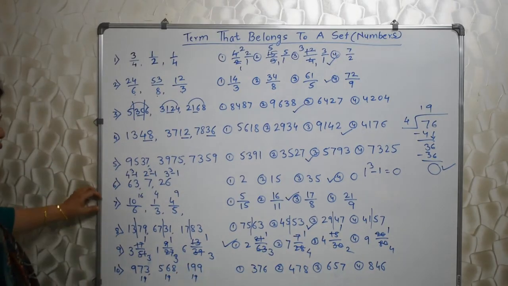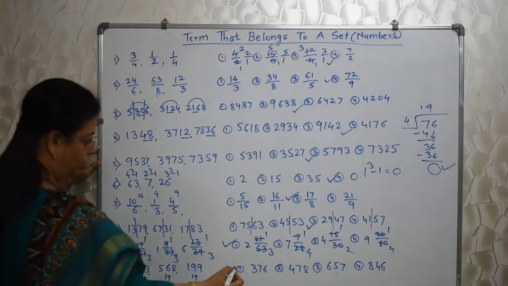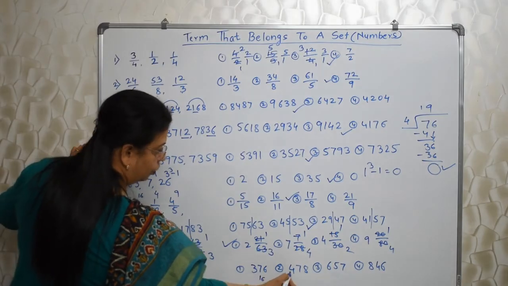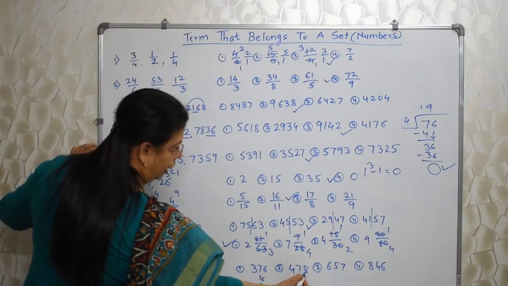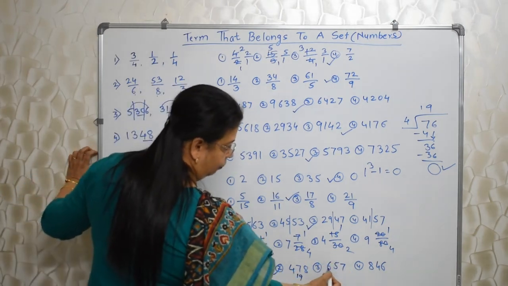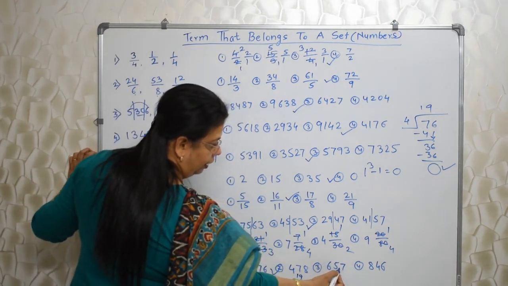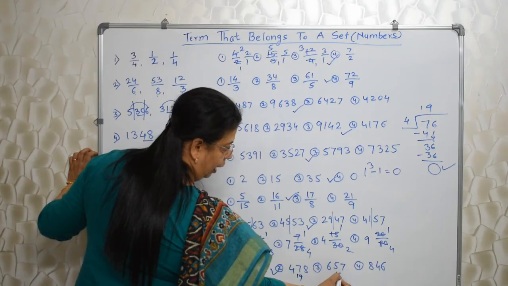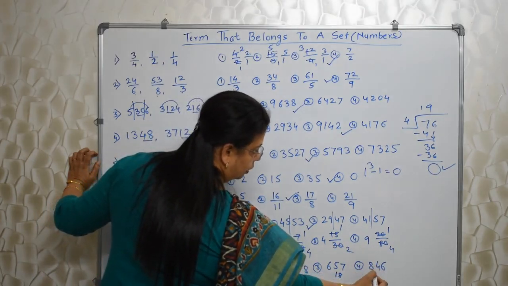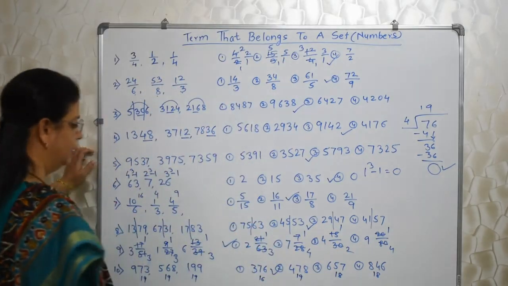So ये भी ऐसे हो सकता है. So इधर 3 plus 7 is 10, plus 6 is 16, 4 plus 7 is 11, 11 plus 8 is 19. So this could be the answer, but we will see. 6 plus 5 is 11, 11 plus 7 is 18, 8 plus 4 is 12, 12 plus 6 is 18. So obviously answer is second option.